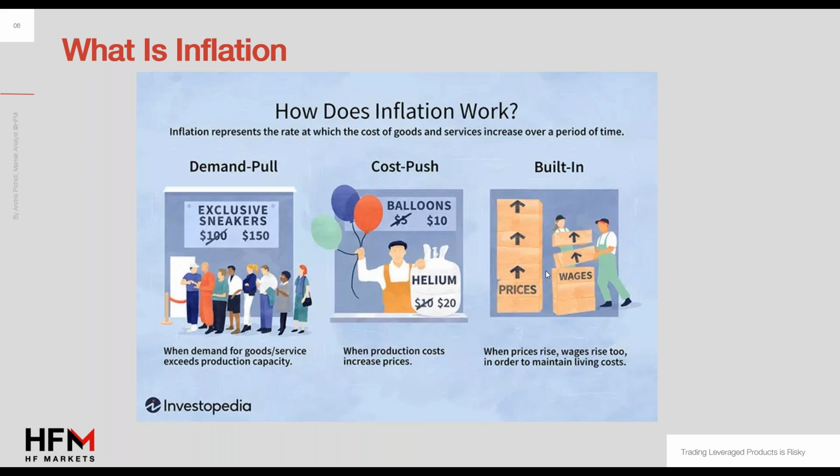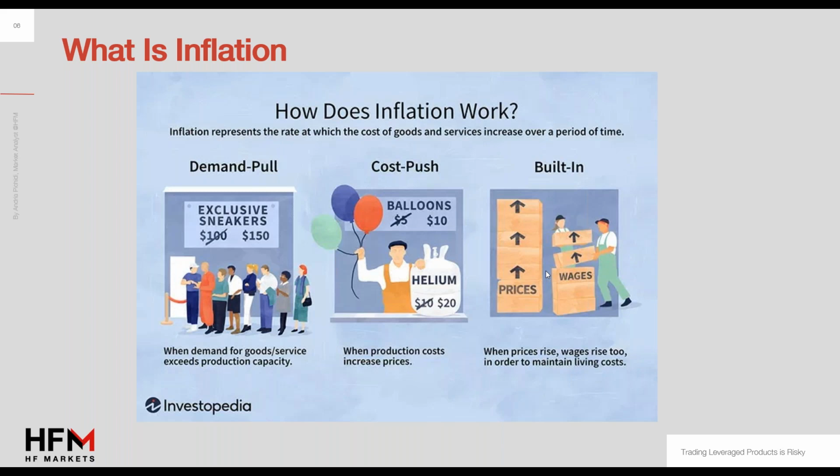So the last one is built-in inflation. As I said, built-in inflation is related to the expectations, or the idea that people, market participants, everyone expects current inflation rates to continue in the future.